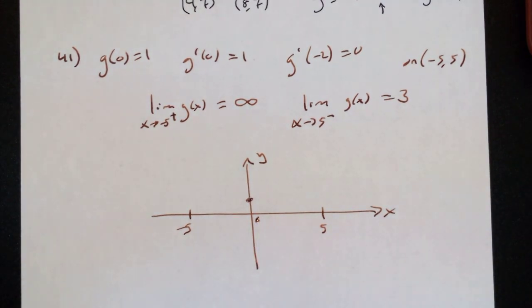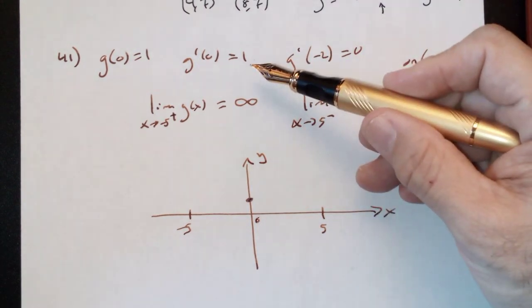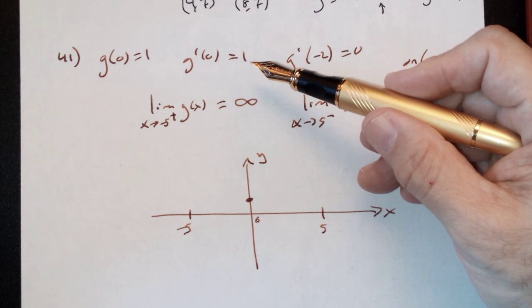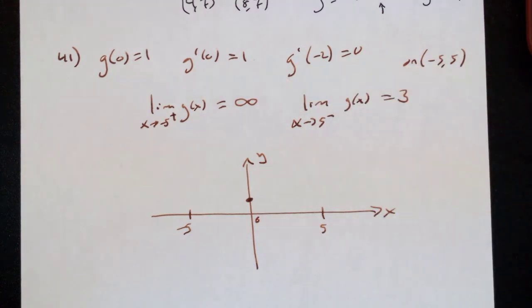But I also know this. What does g prime of 0 represent? Okay, well, what's a derivative mean? Slopes. It's the slope of the line at 0. So there should be a little bit of a line going through that dot we just drew, whose slope is 1.